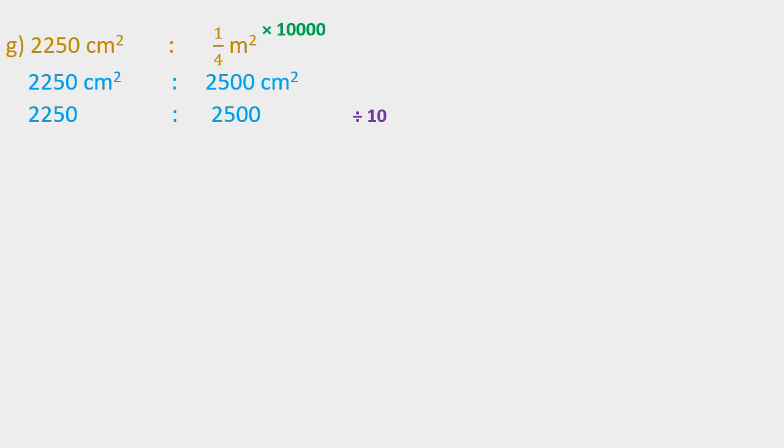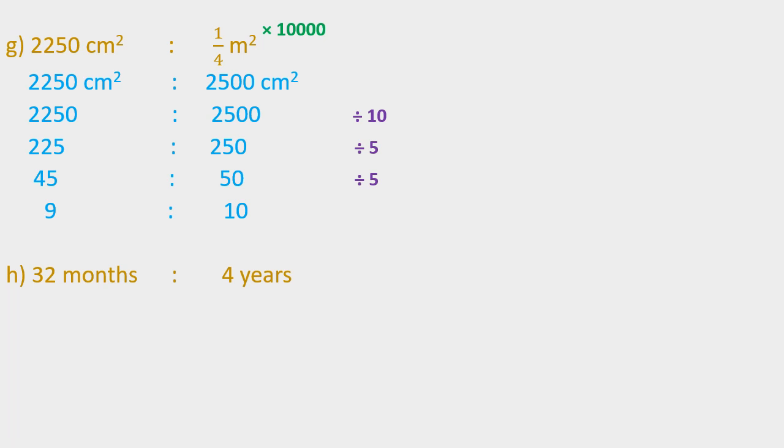Then we have the ratio 225 to 250. We can divide the two numbers by 5. Then we have the ratio 45 to 50. 45 and 50 are divisible by 5 again. 45 divided by 5 equals 9. 50 divided by 5 equals 10. 9 to 10 is the simplest form.